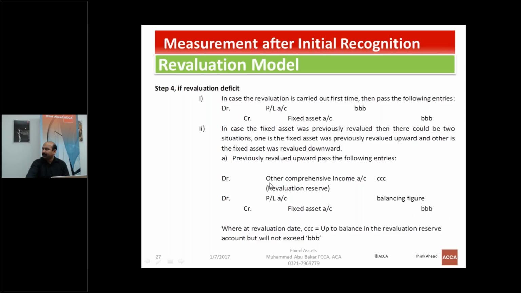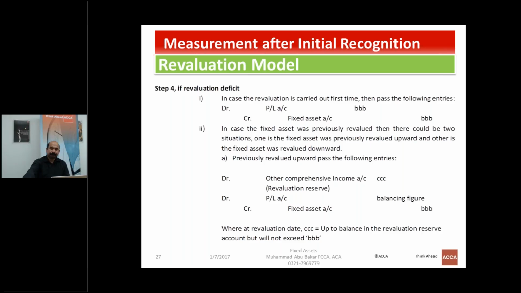Then you will debit other comprehensive income, where CCC is up to the balance in the revaluation reserve account, but will not exceed BBB. And if there is a balancing figure, this will go to the profit and loss account.